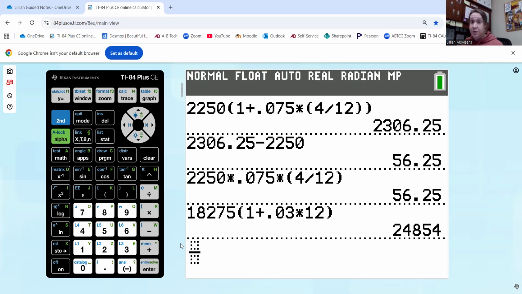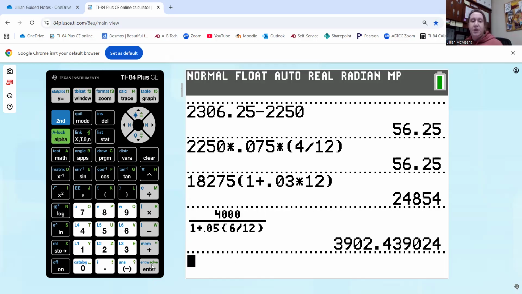So our numerator is 4,000, that's A. We want to divide that by 1 plus 0.05 times T. I'll type it in as 6/12, but it's really the same thing as 0.5. And then we hit enter.